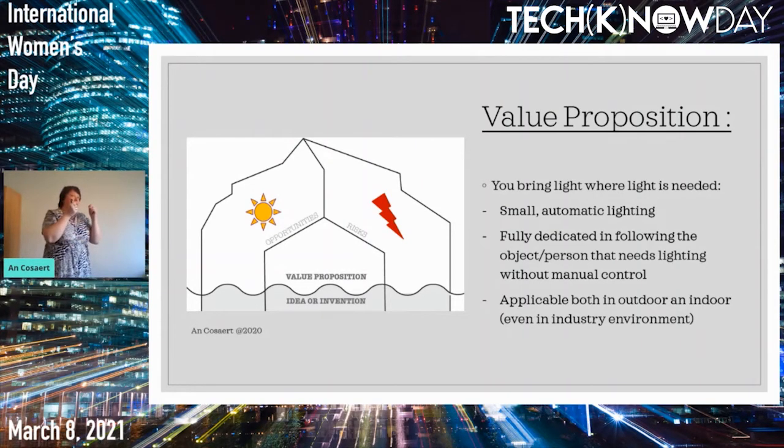We will make something small and automatic. We will make it fully dedicated to following an object or a person that needs lighting without manual control. And we will make something that is applicable in both outdoor and indoor solutions. And we know that in indoor solutions, there might be issues with noise, but we can deal with that because we've discovered them in the innovation stage.